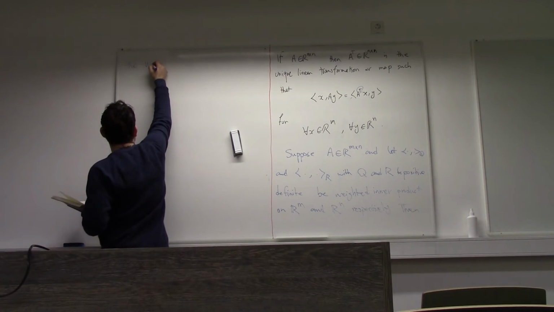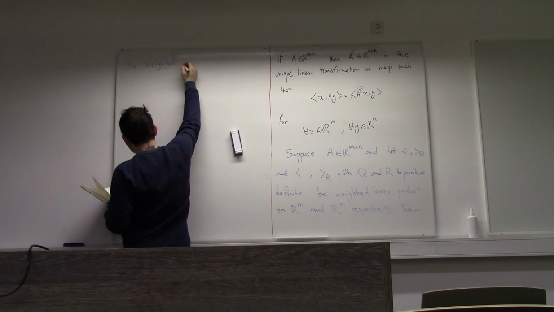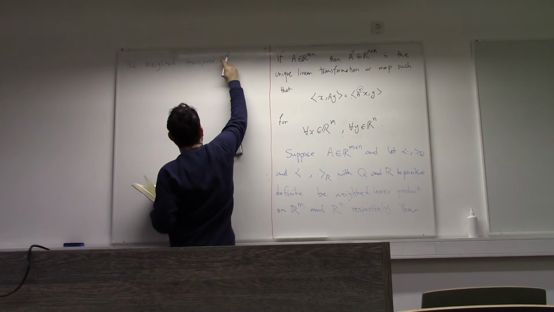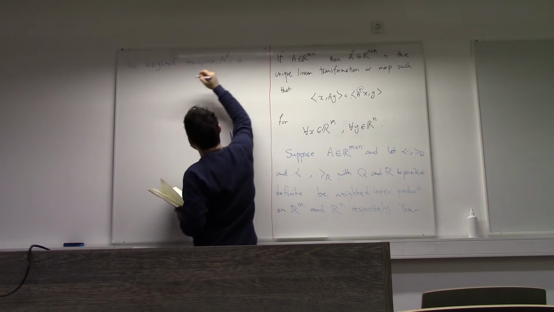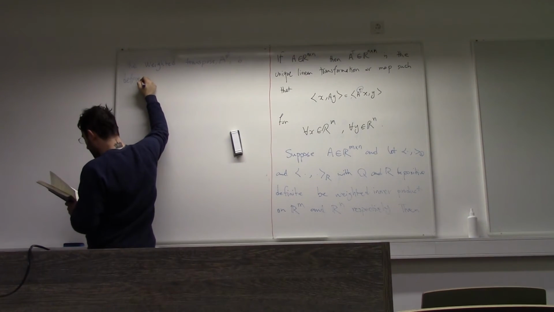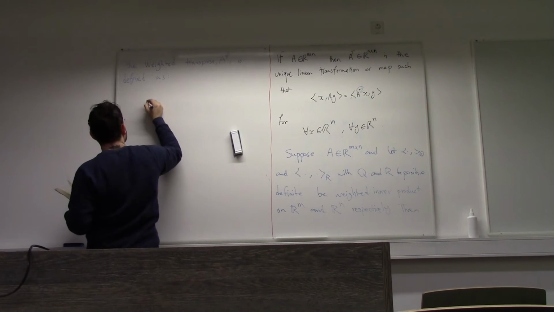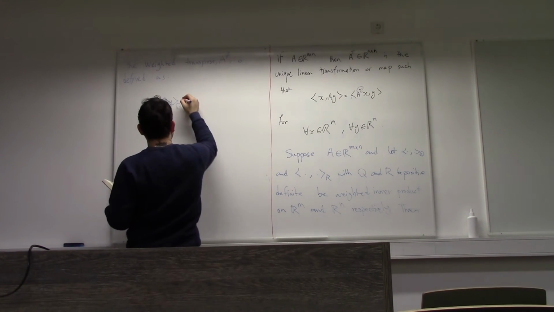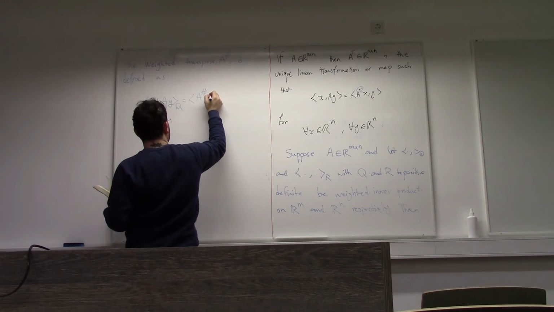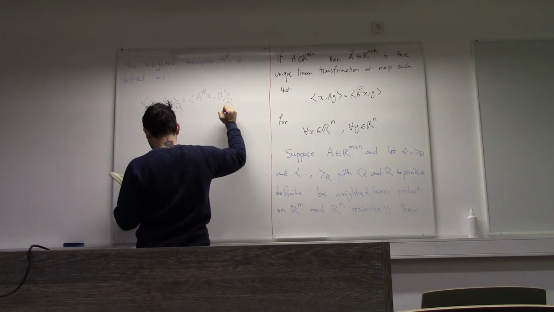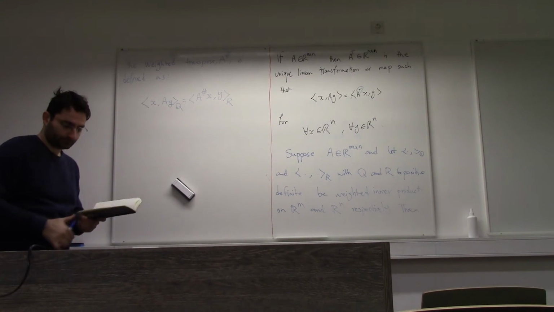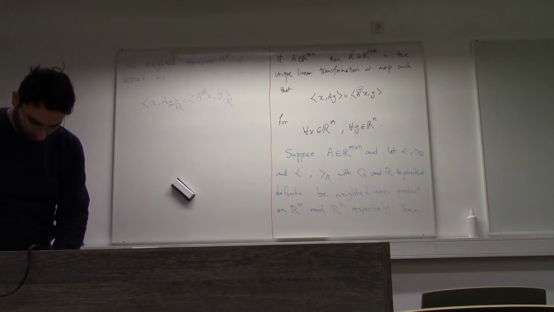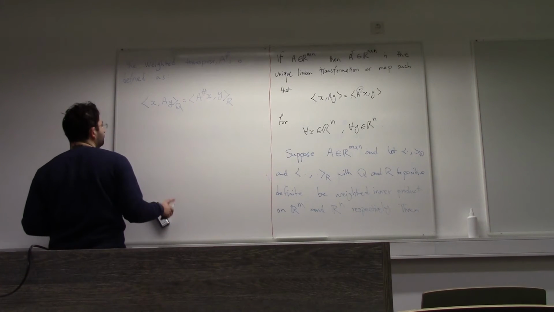The weighted transpose, A hash, is defined as the inner product of x and Ay over Q equals the inner product of A hash x and y over R. Now I open them.